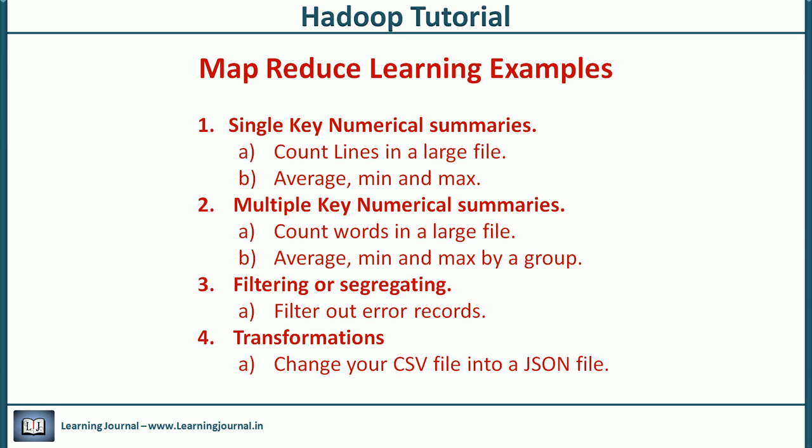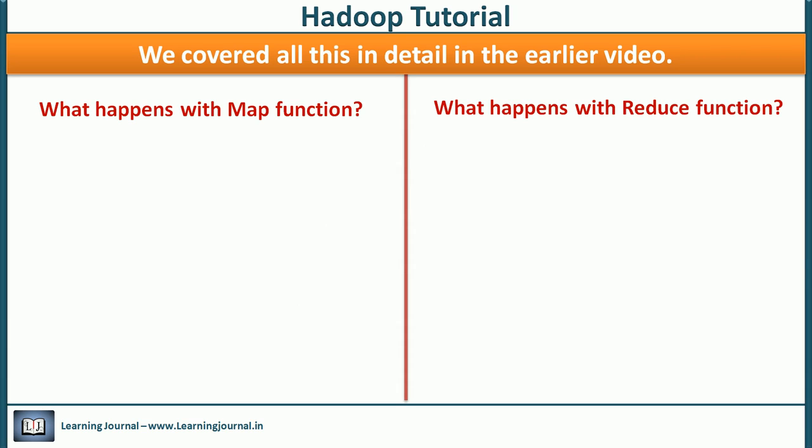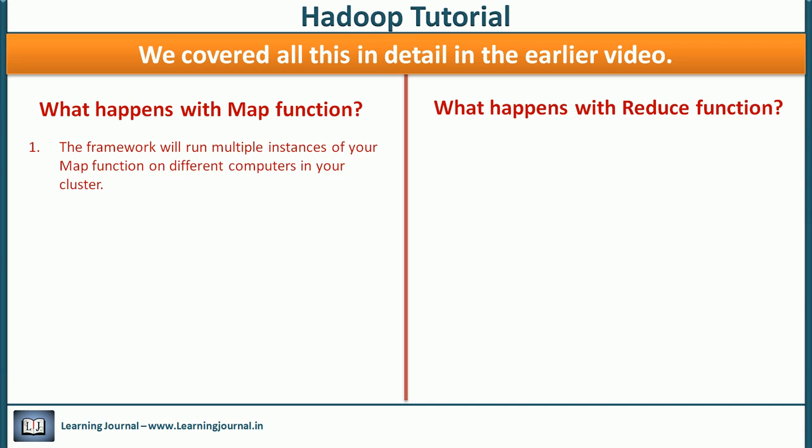Before we start building mapreduce solutions, let me quickly refresh a few things. How the mapreduce framework executes your map function. The framework will run multiple instances of your map function on different computers in your cluster. The framework will also attach one input split with each map function instance.